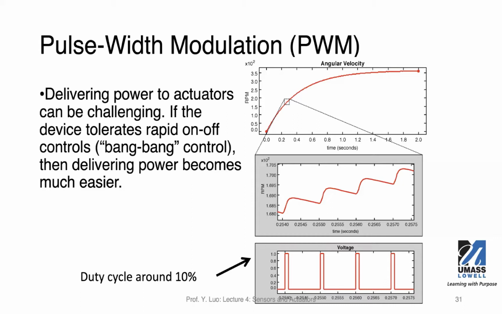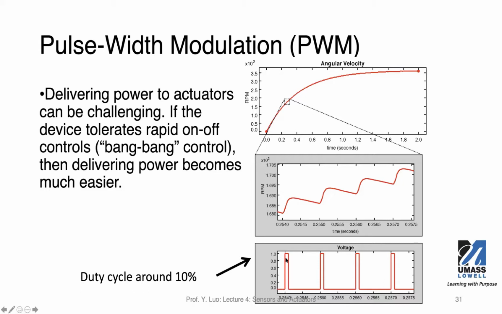Because if you turn the LED on and off rapidly, essentially you are delivering not the full power, not the 0 power, but some partial power to this device. Okay? And that's what pulse width modulation is trying to do here. Imagine that this voltage is applied to an LED. The full voltage is 1 volt, and the lowest is 0 volt.